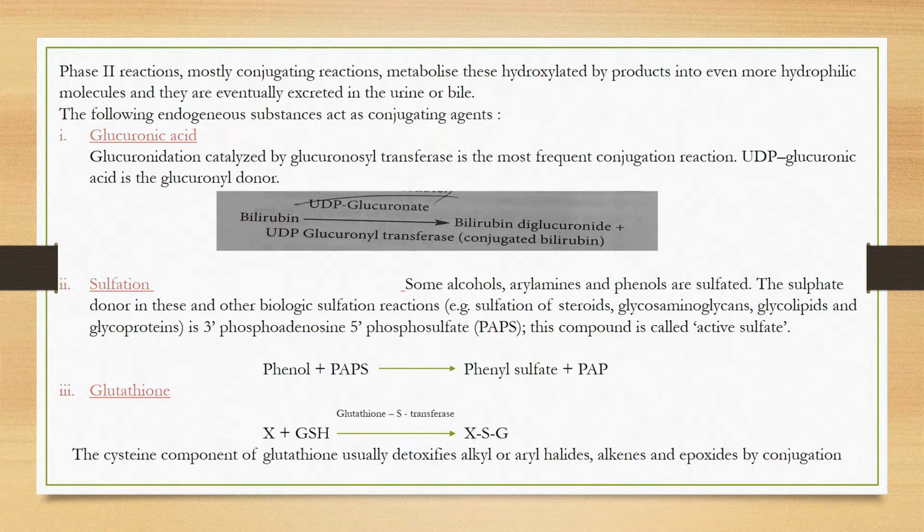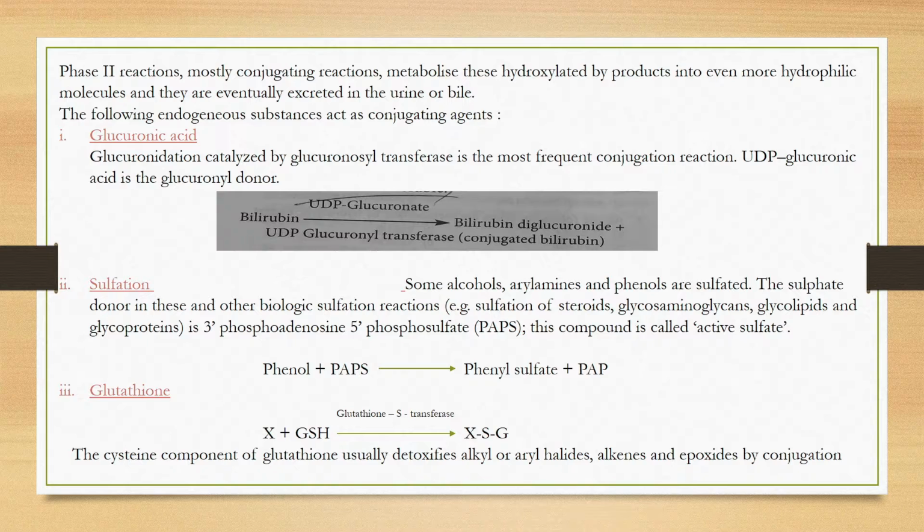Glucuronidation, catalyzed by glucuronyl transferase, is the most frequent conjugation reaction, and UDP glucuronic acid is the glucuronyl donor.